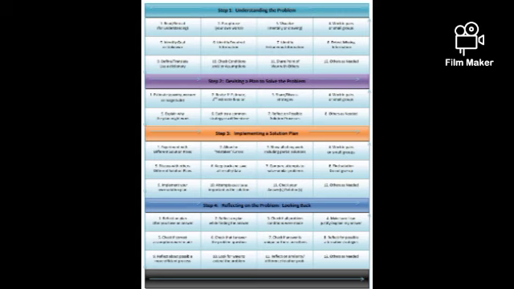There is also an arrow that goes from step 3 to step 2.